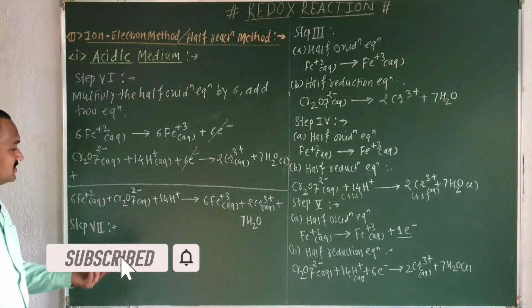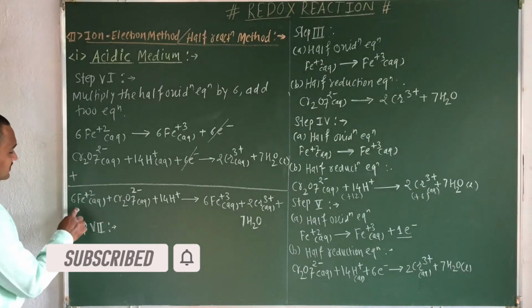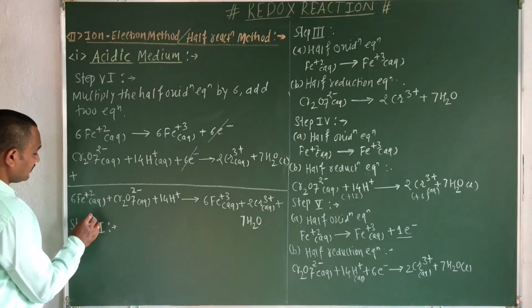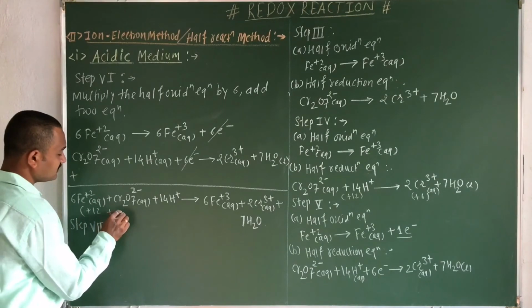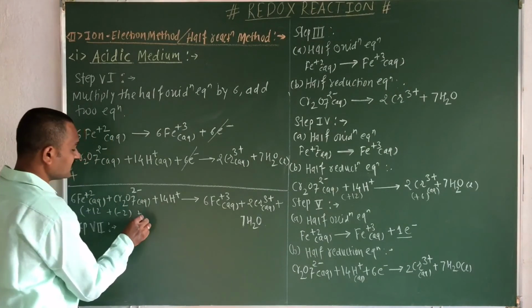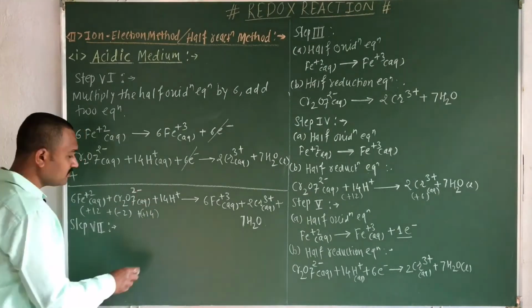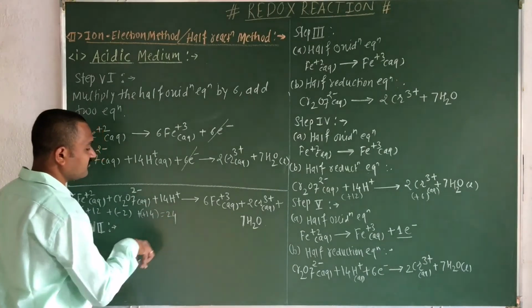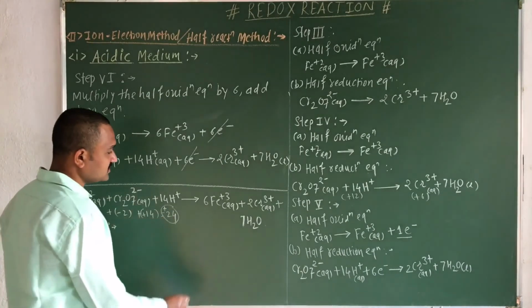What about the charges? Plus 2, okay, 6 into plus 2, so that will be the plus 12 charge, plus the minus 2 charge on this Cr2O7, plus there will be the 14 plus charge, that equals 24. So here it will have the plus 24 charges.